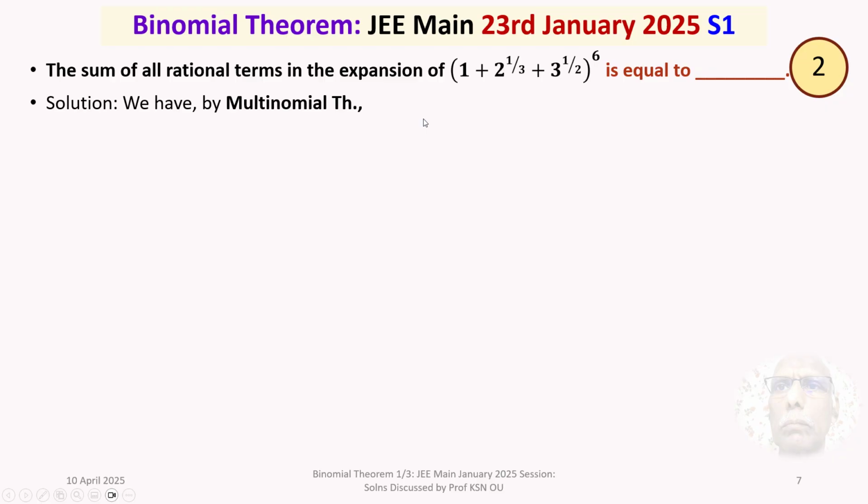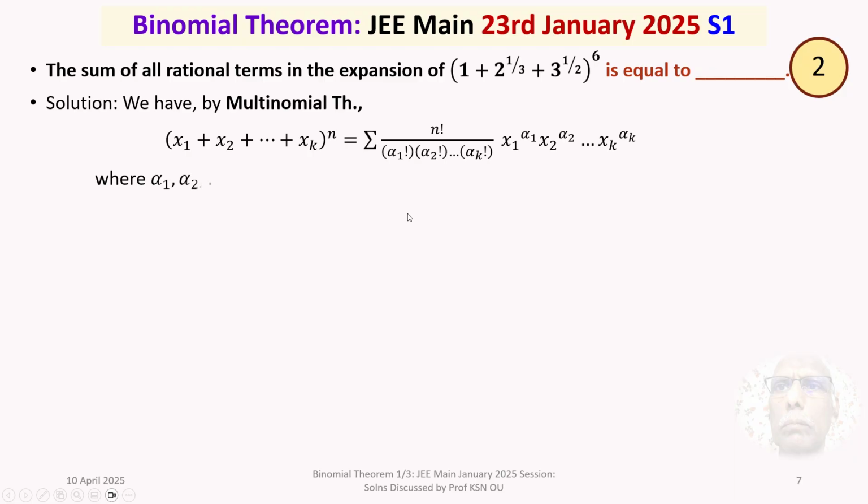We have by the multinomial theorem, (x1 plus x2 plus etc. plus xk) whole to the power of n is equal to the sum of n factorial by alpha 1 factorial into alpha 2 factorial etc. alpha k factorial, into x1 to the power of alpha 1 into x2 to the power of alpha 2 etc. xk to the power of alpha k, where alpha 1, alpha 2, alpha k are non-negative integers such that alpha 1 plus alpha 2 plus alpha k is n.